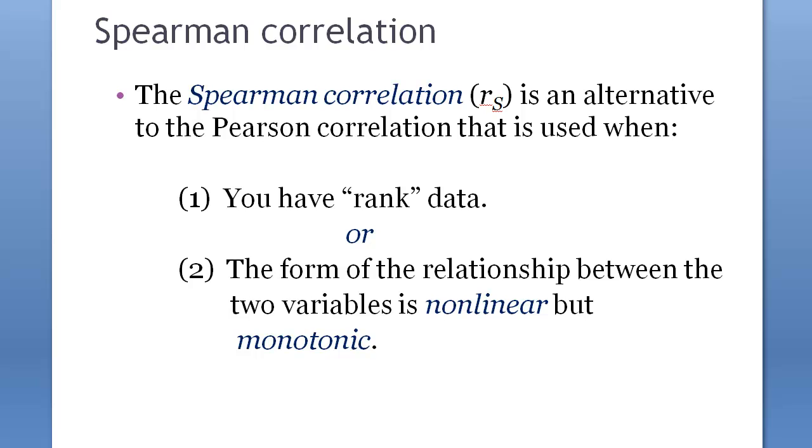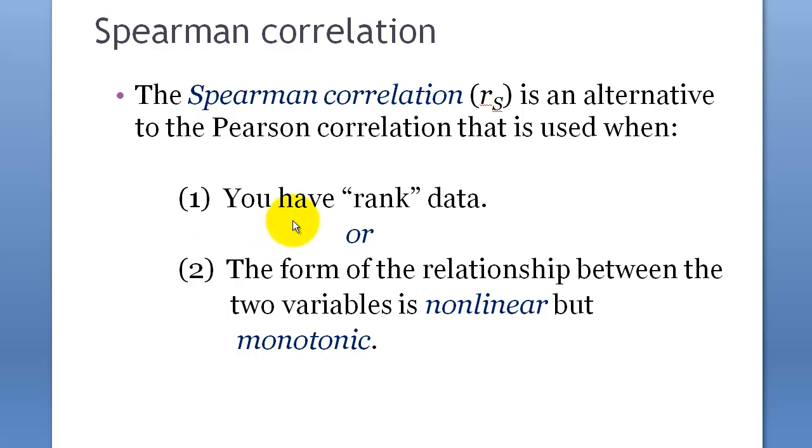Spearman correlation is another correlation that we covered in our class. The Spearman correlation is denoted by r sub s, and it's an alternative to the Pearson correlation that is used when, as I mentioned in an earlier video, you have rank data instead of actual scale or ratio values.